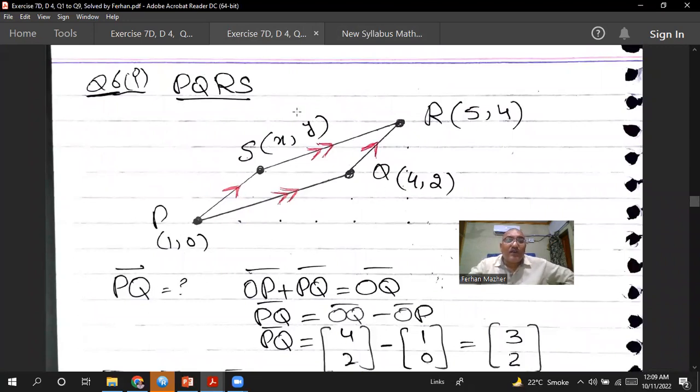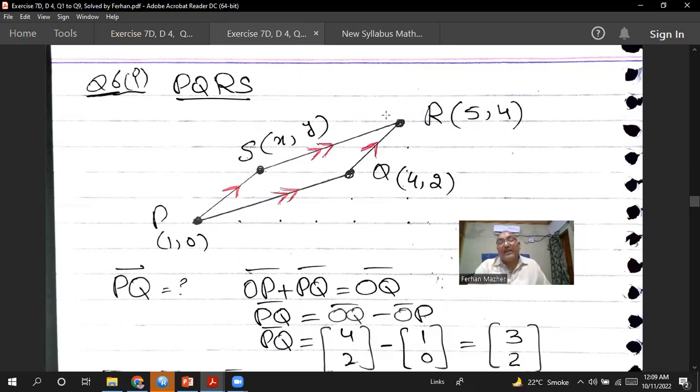I want to find out the coordinates of S. And I will find out the column vector for the PQ. Same will be the column vector of the SR, because they are the opposite sides in the parallelogram. So they are same vectors. Then I will be able to find out the coordinates of S very simply.